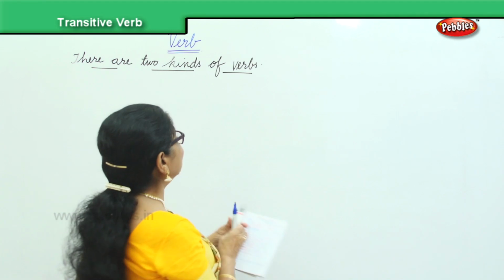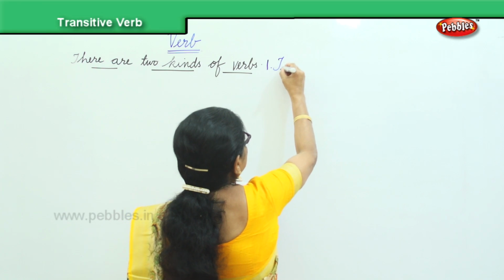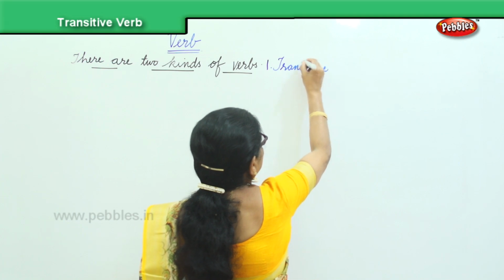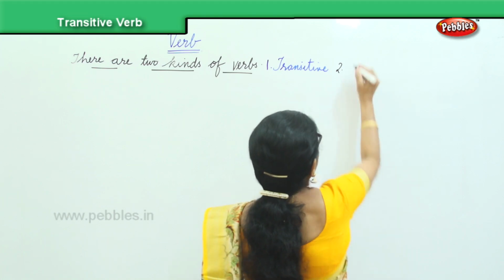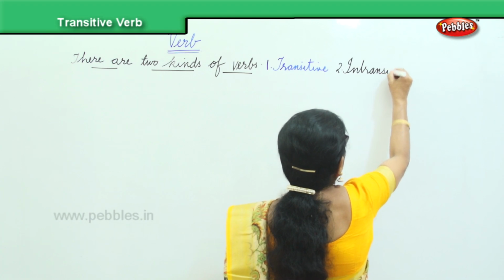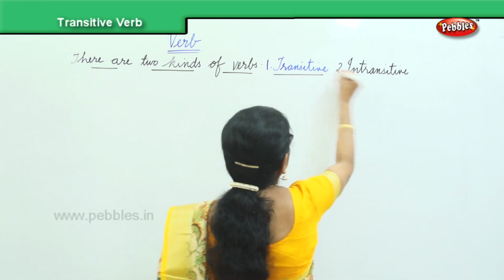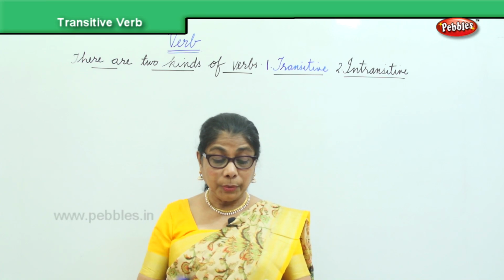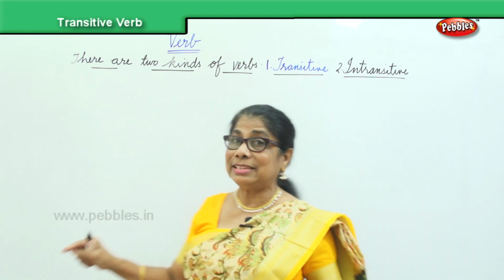Okay, so the kinds of verbs we are doing. Two kinds of verbs, transitive and intransitive. Now we are going to deal with the transitive verb.